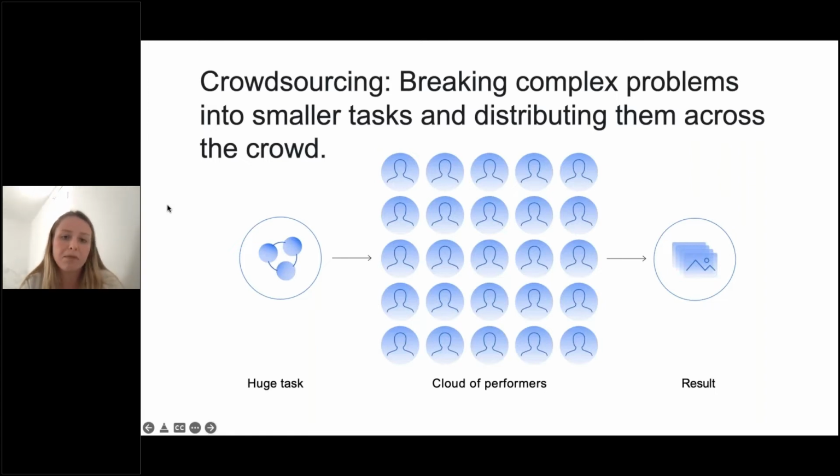It's basically breaking complex problems into smaller tasks and distributing them across the crowd. On this image here, you can see that we have a big task, and it's broken down into smaller pieces. We have a crowd of performers who are able to complete those tasks. And then we have some form of aggregation to get our final problem result.